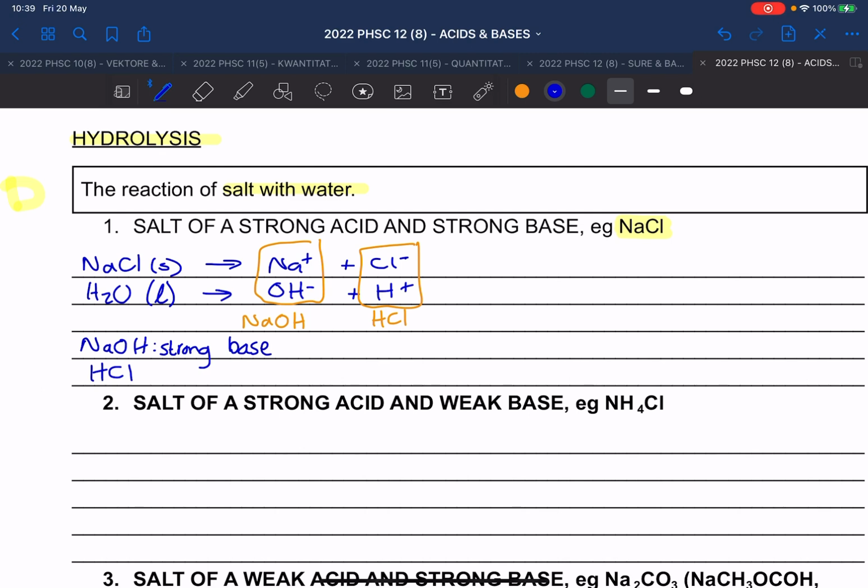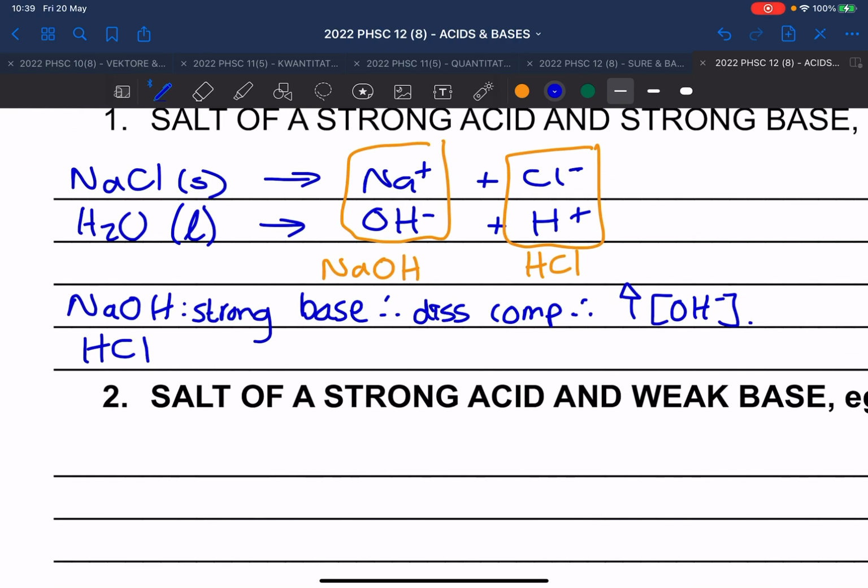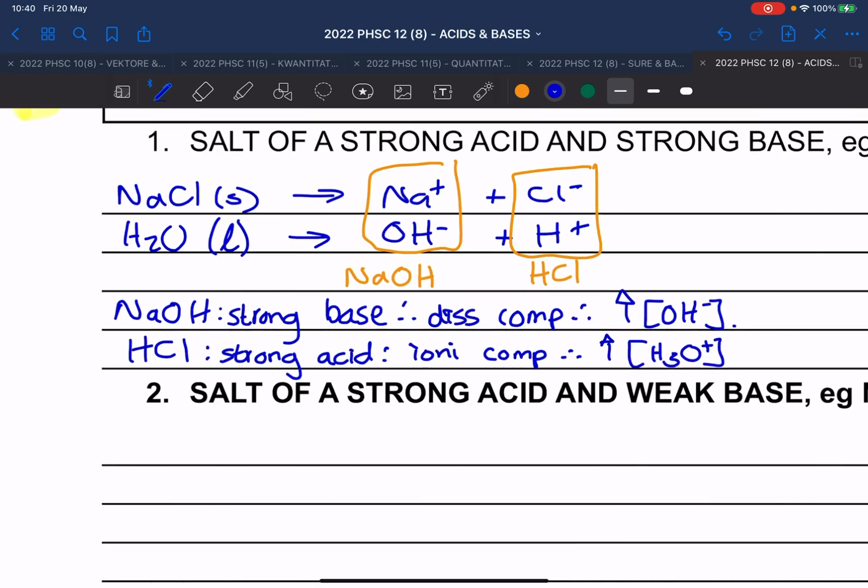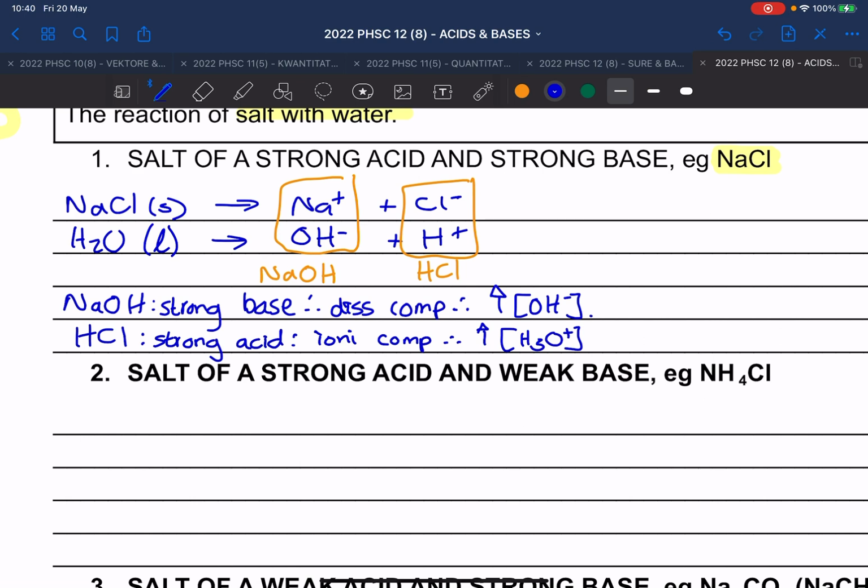Dissociates completely to form a high concentration of hydroxide ions. Okay. Say again, the other one. Strong what? Acid. What is the definition of a strong acid? Ionizes completely to give a high concentration of hydronium ions. You get it? You must say that thing, man. It helps your mentality, you know.